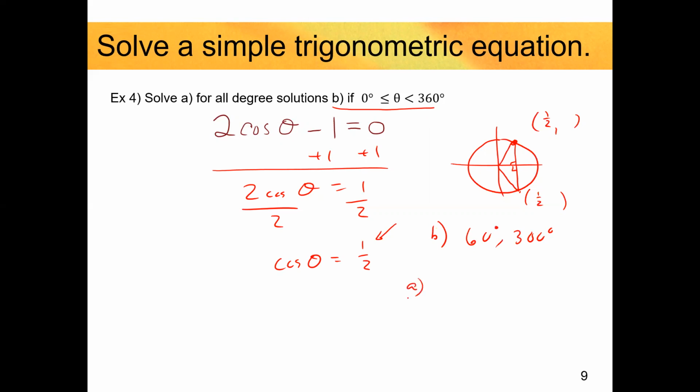And then for A, I have to find all of them forever and ever into infinity. So the way we do that, we just say 60 degrees plus 360 degrees K. And you can define K over here if you like. And then 300 plus 360 degrees K. And you say K is an integer.